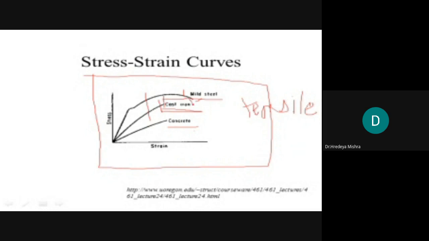This is the cast iron, which has very good strength in compressive strain. So for this application, most machine bases are made from cast iron, or we can say that gray cast iron is used for making different types of machine bases.